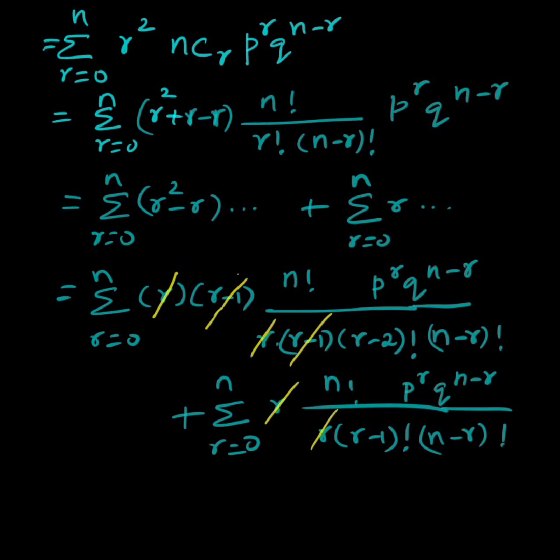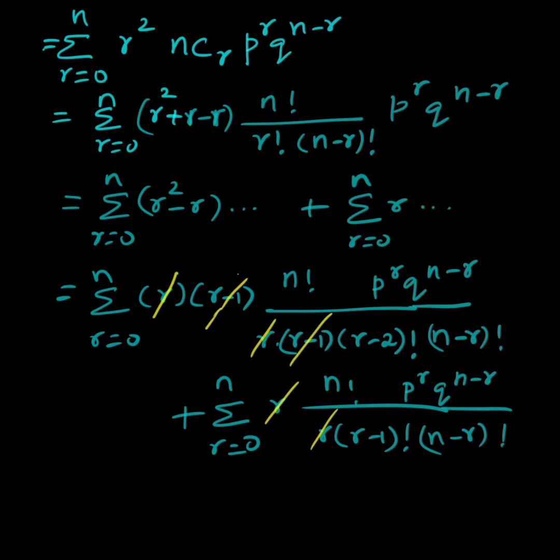Now this r square plus r minus r is split as r square minus r for one sigma part, and this r term is taken as the second part of the sigma. Total sigma is split into two terms which contain r square minus r in the first expansion and r in the second expansion. In the first sigma, we are taking r out, so it becomes r into r minus 1.